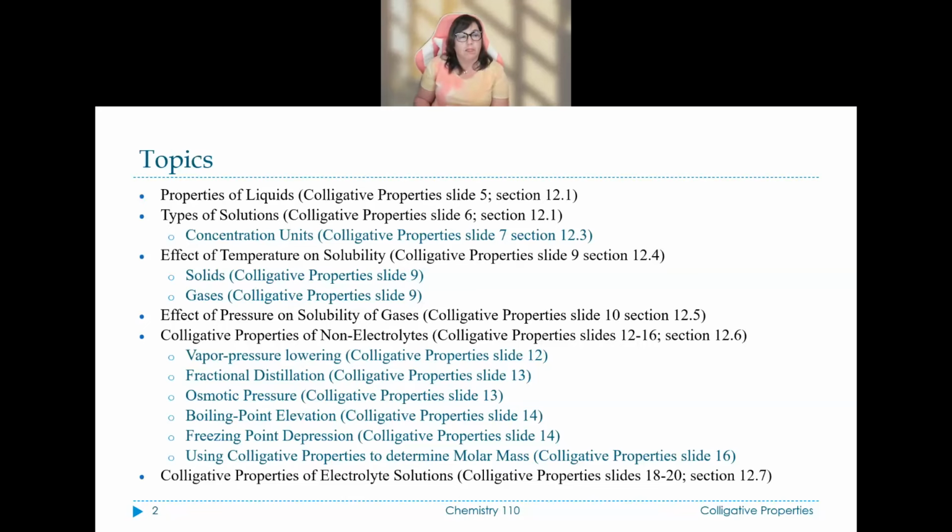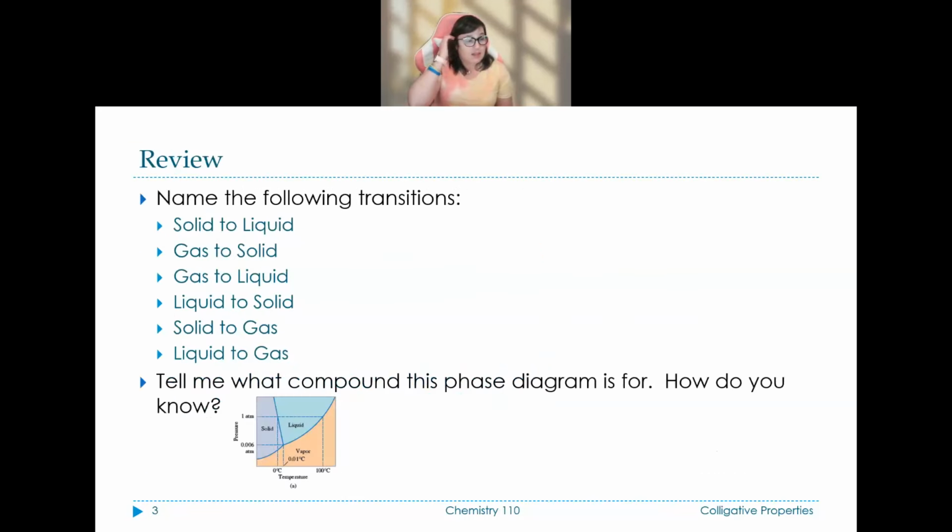Okay? So, let's talk about the following transitions. We've talked about them before, but it was a bit ago. When we go from solid to liquid, we are melting.